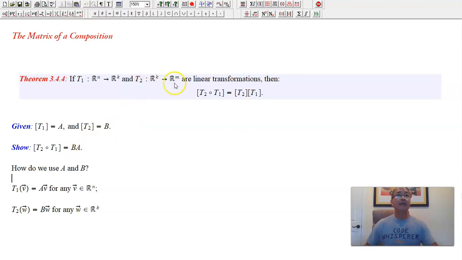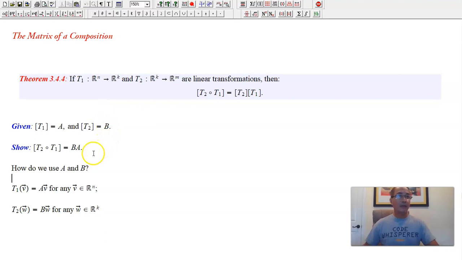Yes, because B is M by K and A is K by N. So the number of columns for T2's matrix is K. It's the same as the number of rows for T1's matrix, which is also K. And the product is M by N.